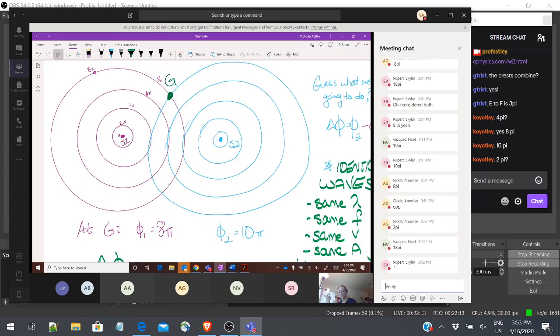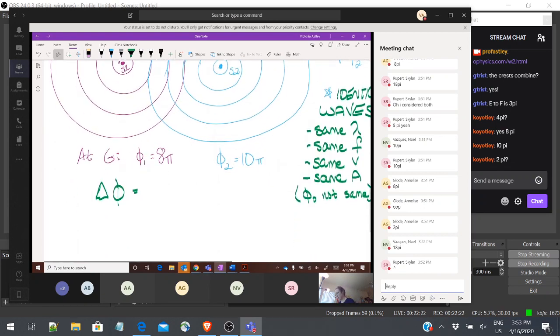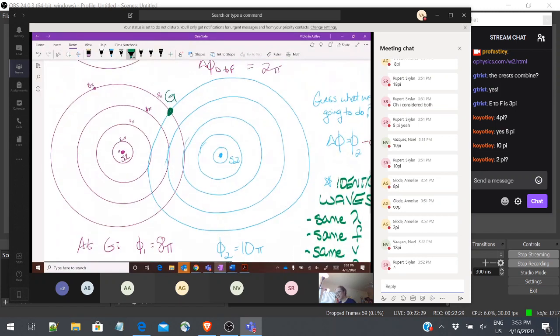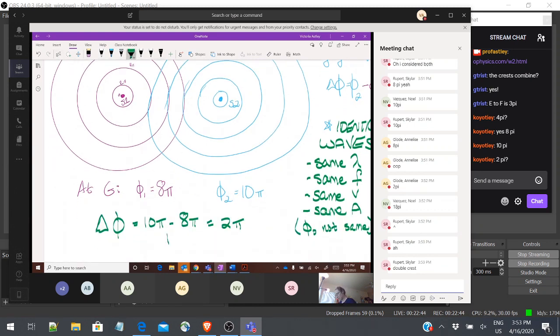Remember, it's difference, so you want to subtract. You were going to add the displacement, but what we're doing right here is 10 pi minus 8 pi is 2 pi. And what do you expect us to get at that point? Double crest, double trough, 0, something else? Double crest. Yep. Double crest.